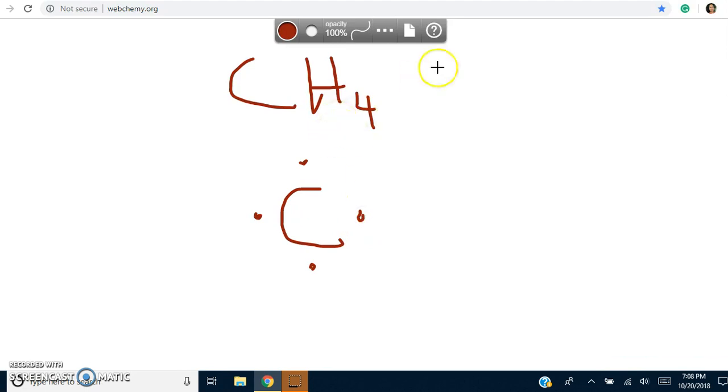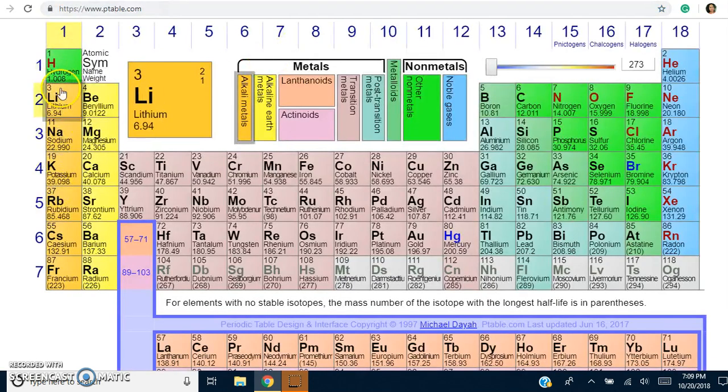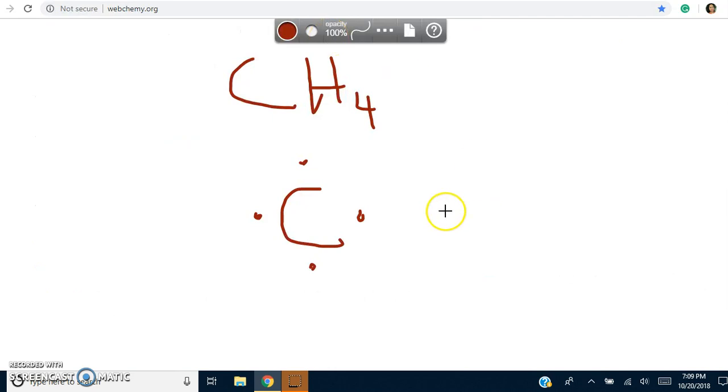Hydrogen is in group 1A, so it has 1 valence electron. So it would be H. There's 1 H. We need 4. There's another H, another H with 1 electron, and another H right here with 1 electron.